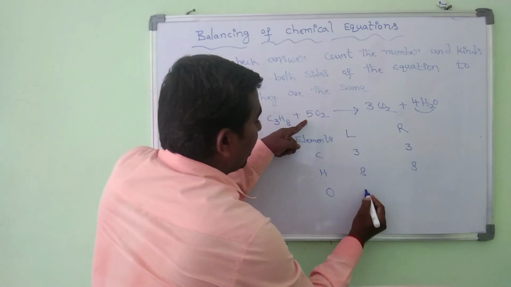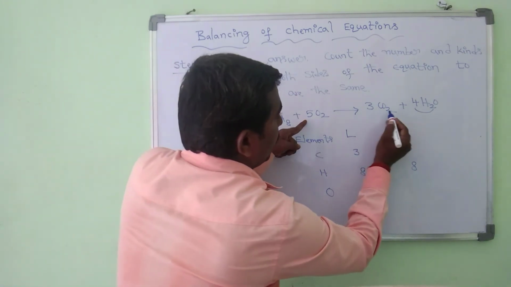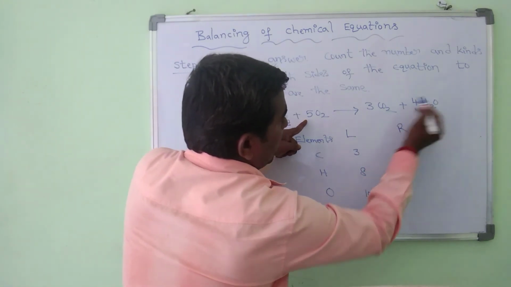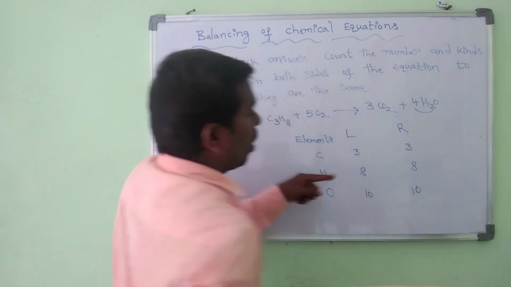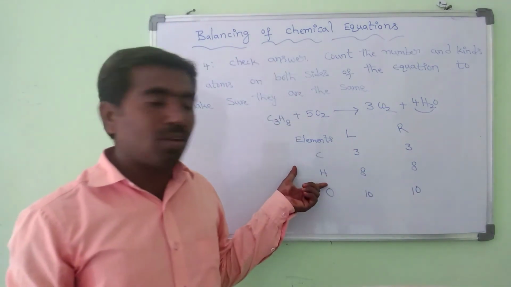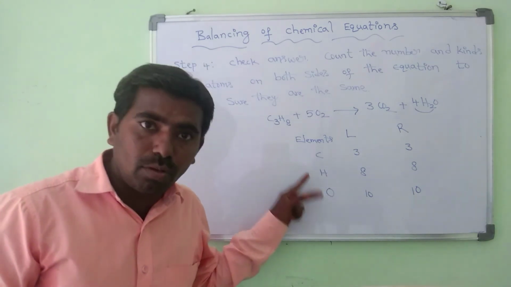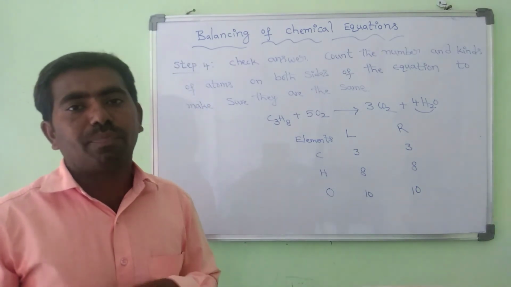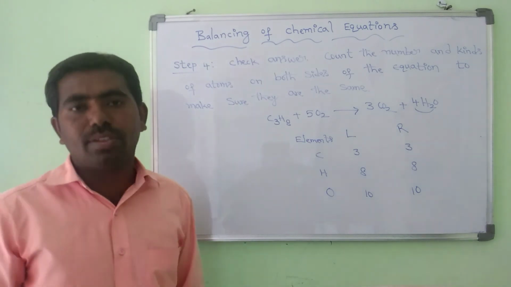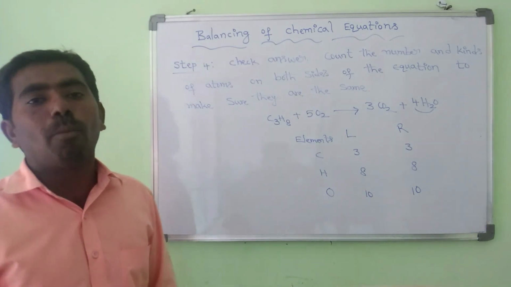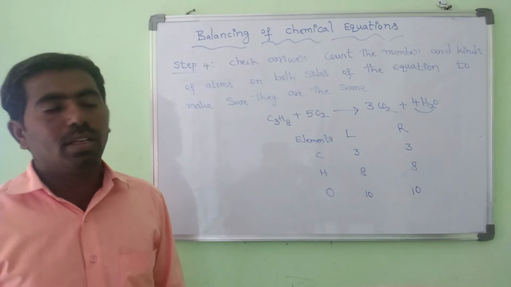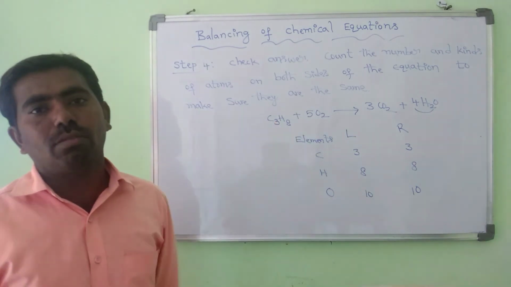Oxygens 5 into 2 is 10, on the right side 3 into 2 is 6, 4 1s are 4, 6 plus 4 is 10. Observe here, carbon atoms are balanced, hydrogen atoms are balanced, oxygen atoms are also balanced. In this way the chemical equation is balanced according to the above 4 steps. This is the final balanced equation.